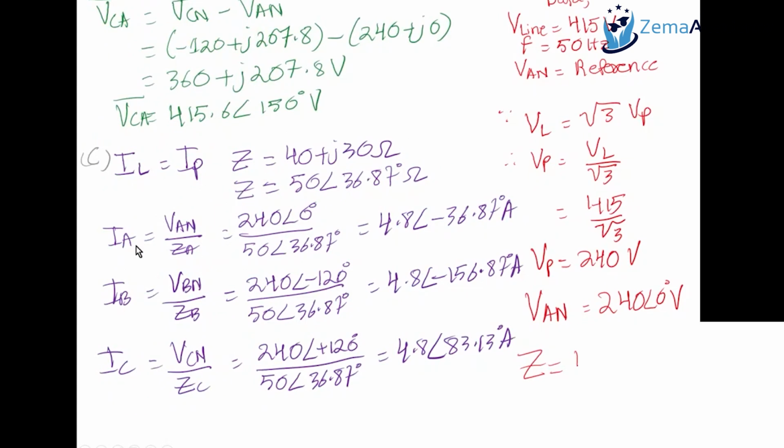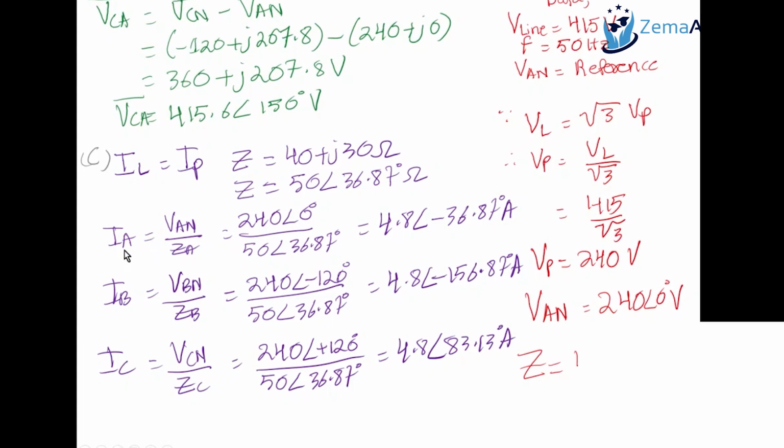So if you carefully look at Ohm's law with the subscripts here, I'm calculating the phase current, IA. The reason I call it IA is because it is not IAN, it is not IAB. It is simply IA because the line current is equal to the phase current. Whenever you use Ohm's law, you are going to use all of the phase values.